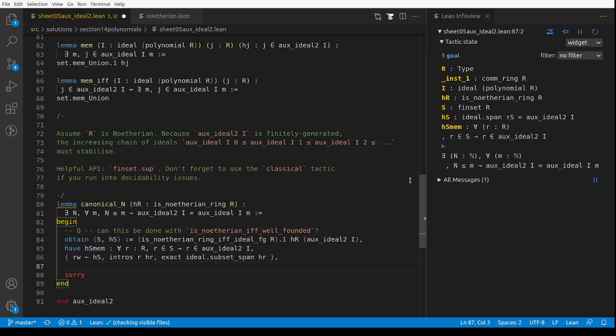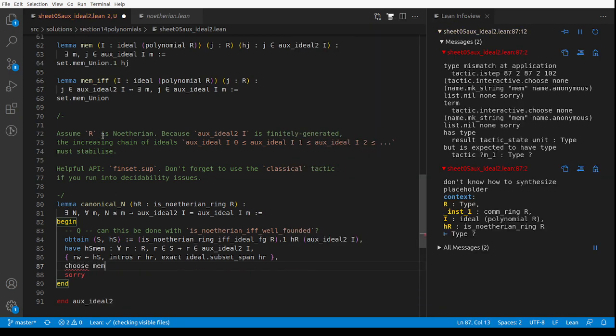And so now what do I want to do? I want to use this mem. You see, this just says that for everything in the ideal 2, there is an M, but I actually want to get the function that returns that M. So that would be the choose tactic, right?